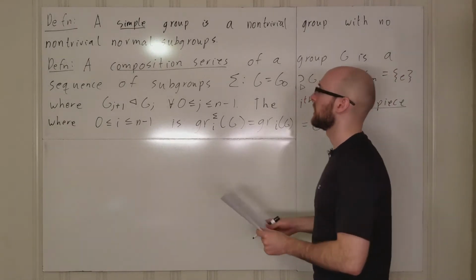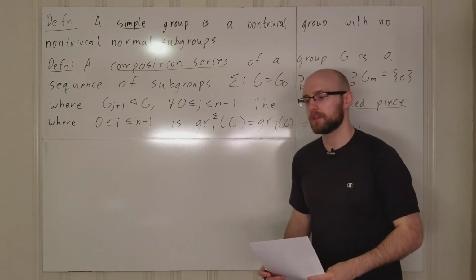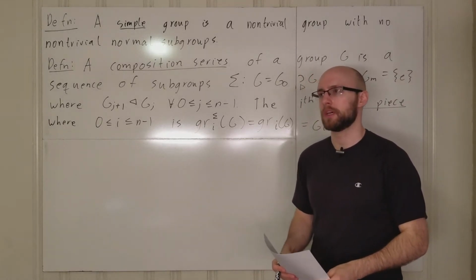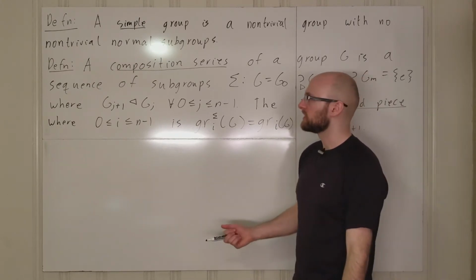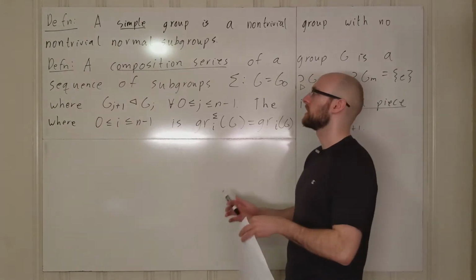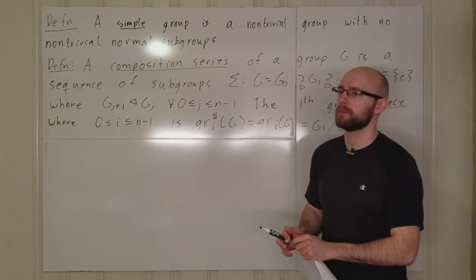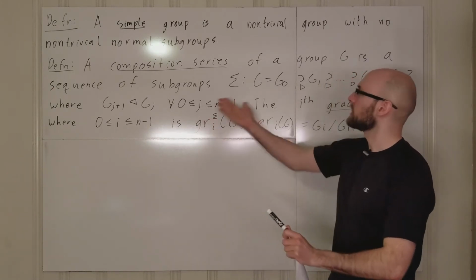One thing to keep in mind, so I call this a composition series. I believe this is the terminology used by Bourbaki, but this is not necessarily a standard definition. Some people use composition series to refer to a more specific type of what this is.